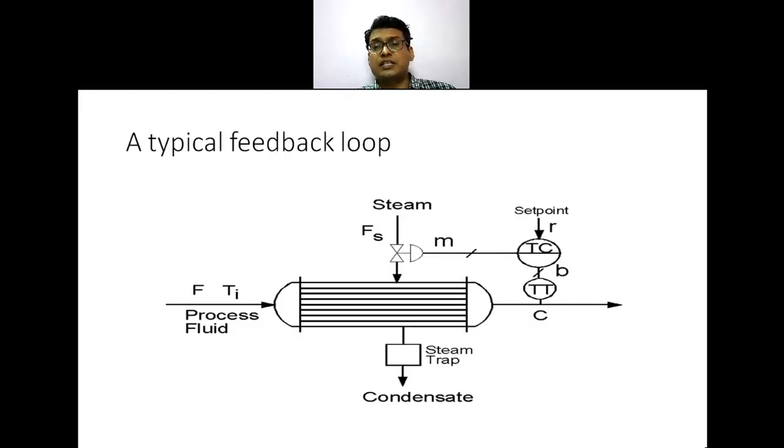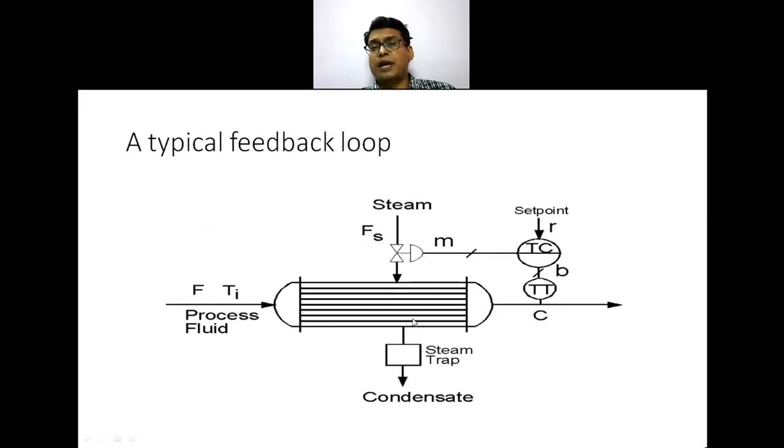Then there can be similar examples, a typical feedback control loop for a heat exchanger. The inlet temperature is there, and the outlet temperature we want to measure and control from the heat exchanger. So that temperature measurement is there, temperature transmitter is there, then temperature controller, then the manipulated variable goes to a control valve, which is steam going to the heat exchanger.